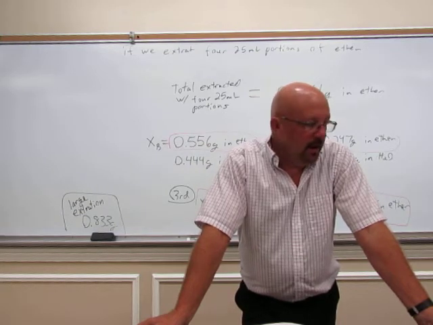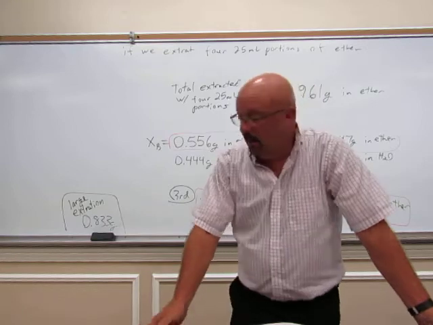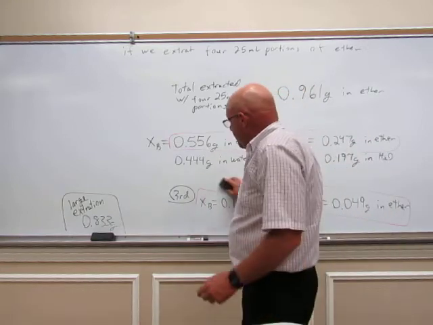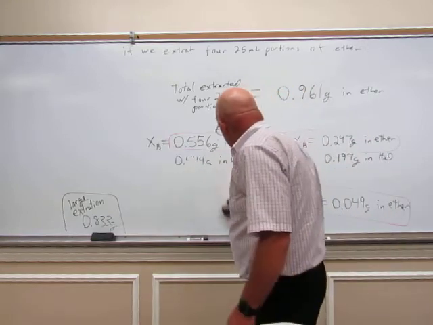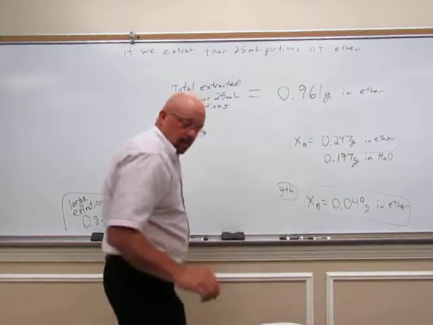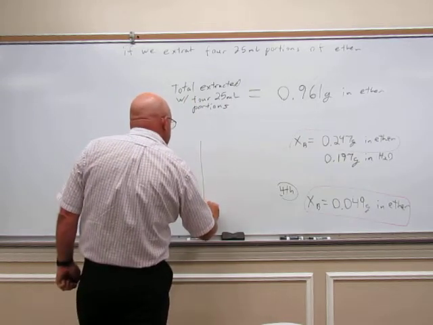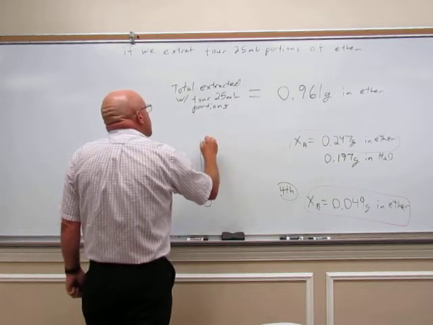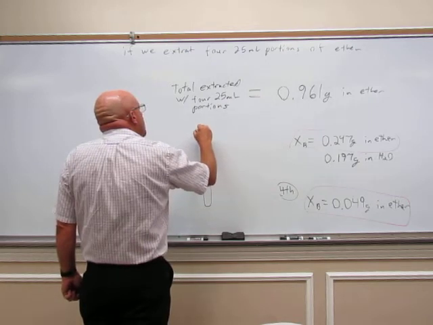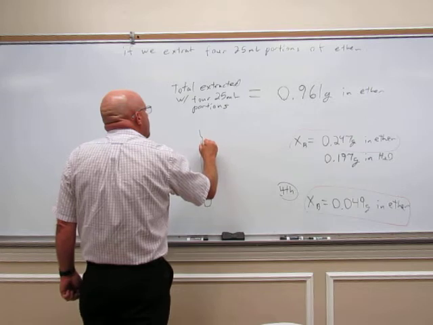You're going to put a septum on the top and shake your tube vigorously for about 2 minutes. Now, the septum is the little white rubber thing that's in your kit. I should have brought one in here to demonstrate, but I didn't. Try to draw it here.